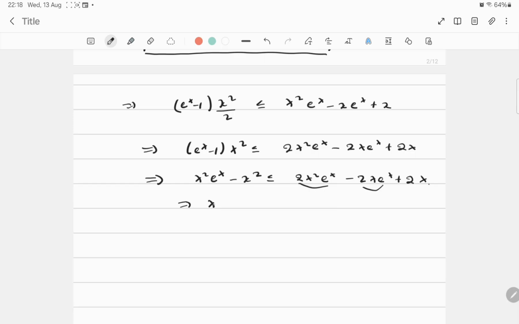We have x squared e to the x minus 2x squared e to the x plus 2x e to the x, and this becomes x squared plus 2x.